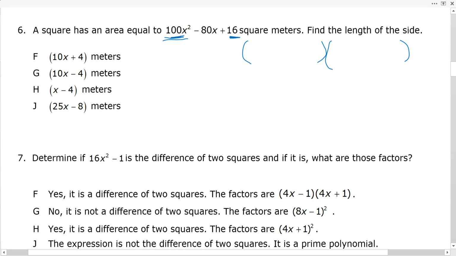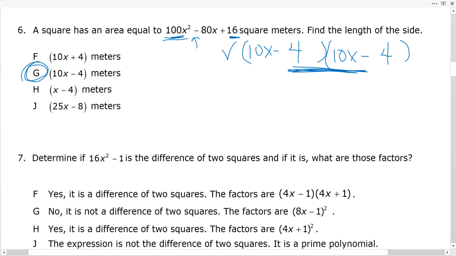The square root of 100 is 10. There's a minus sign right here, so they're both going to be minus. Square root of 16 is 4. I look at these two right here. -4 times 10 is -40, and I double it, which gives me -80. So this is correct, and my answer is G.